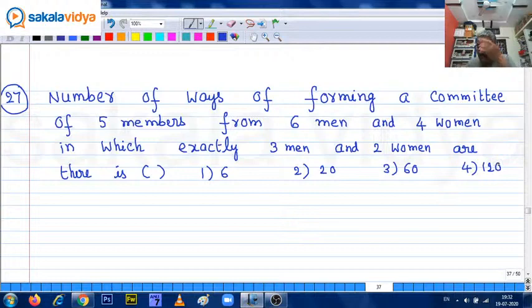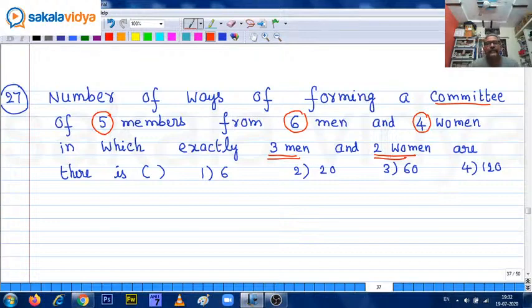So we need to form a committee, and in order to form a committee, we need to do the selections. The 5-member committee needs to be formed from 6 men and 4 women, and exactly 3 men and 2 women should be in the committee.